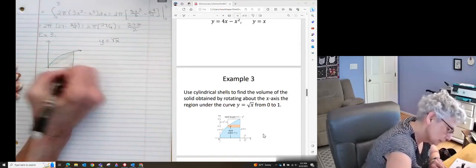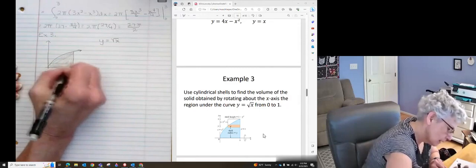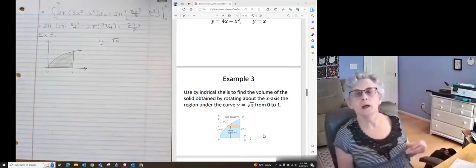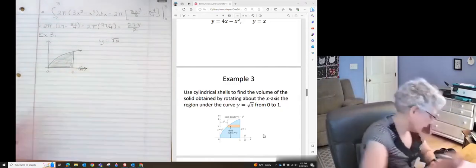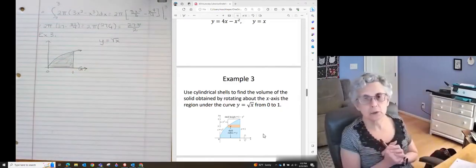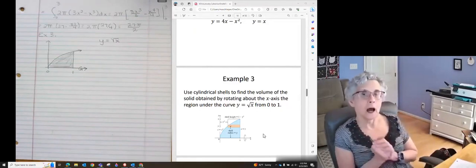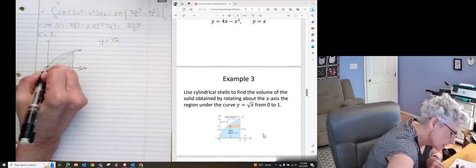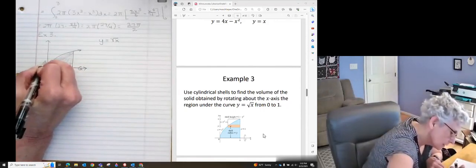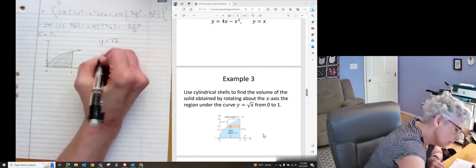Shade in my region. Now, this time I am rotating about the x-axis. So I draw in my little arrow to remind myself which way I'm rotating. I want to use shells, so I'm going to have to make my slices parallel to this axis of rotation.